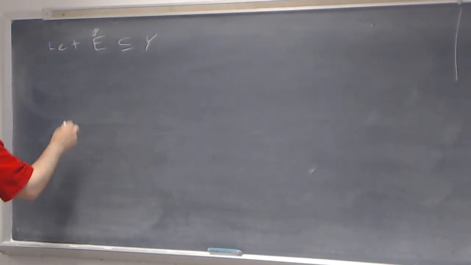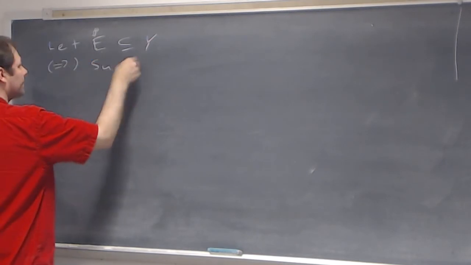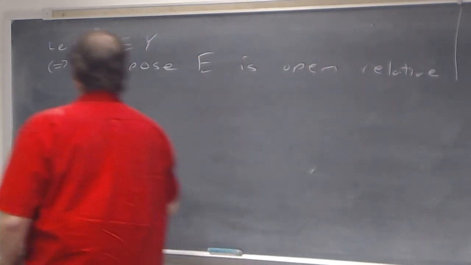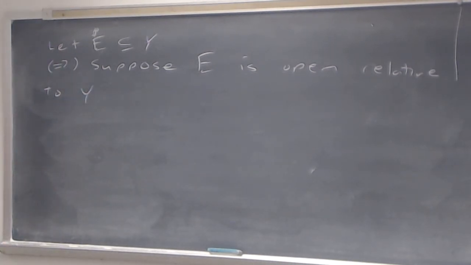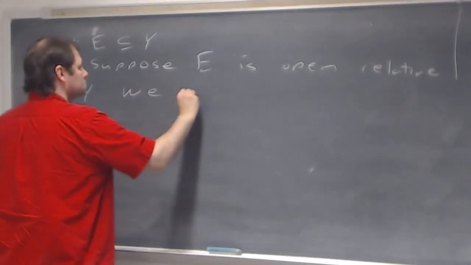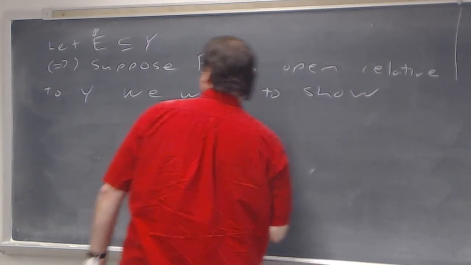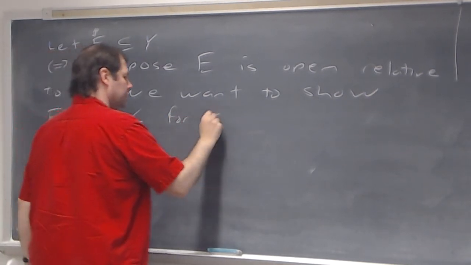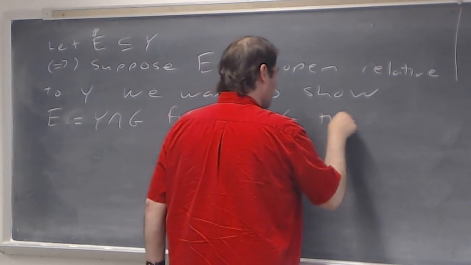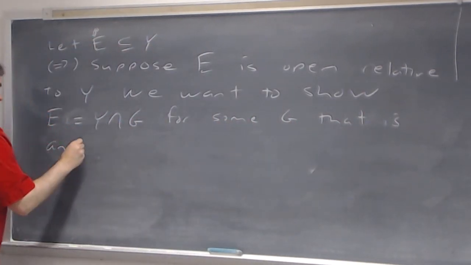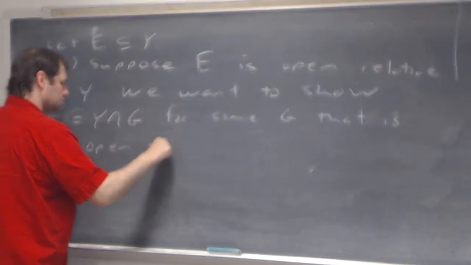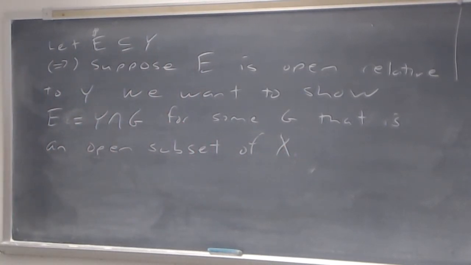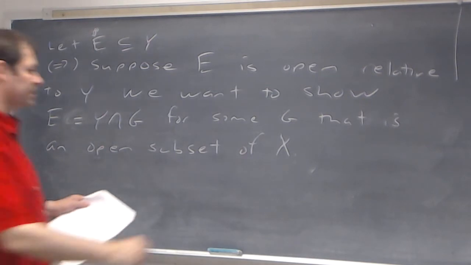Now, here's this direction. Suppose E is open relative to Y. We want to show that E equals Y intersect G for some G that is an open subset of X. Okay, so here's what we did.